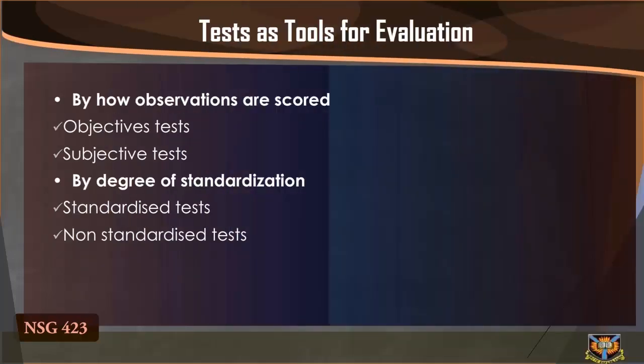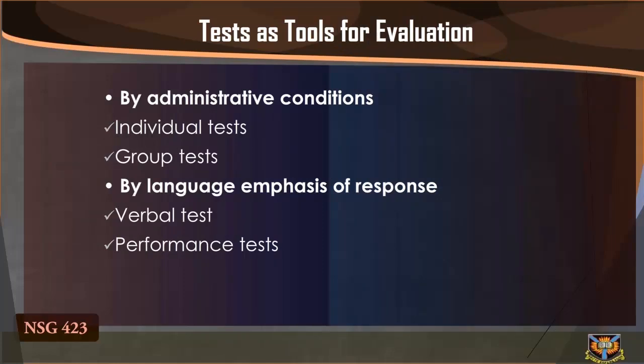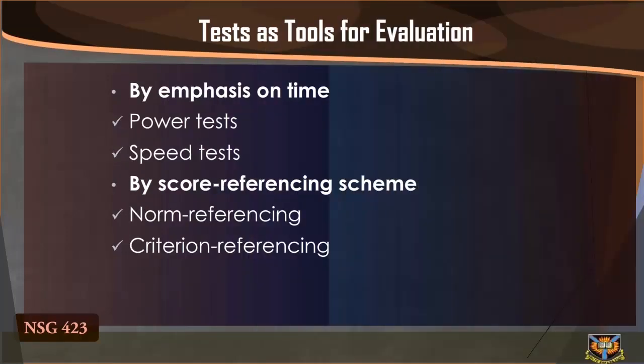By how observations are scored: objective test, subjective test. By degree of standardization: standardized test, non-standardized test. By administrative conditions: individual tests, group tests. By language emphasis of response: verbal test, performance test. By emphasis on time: power test, speed test.